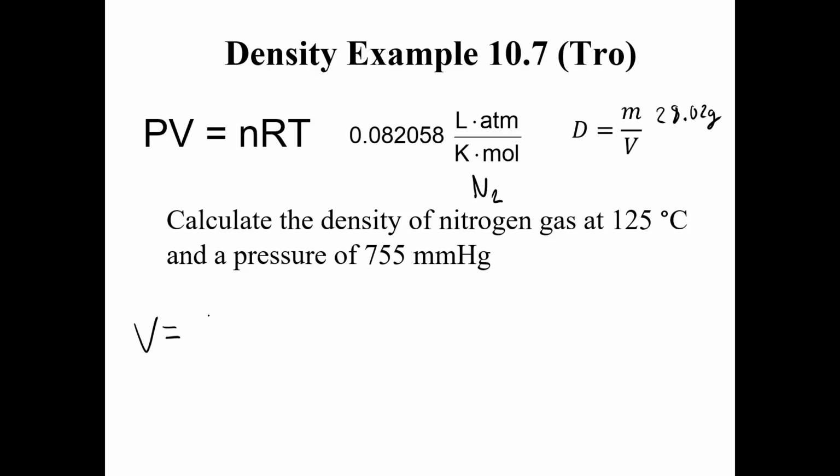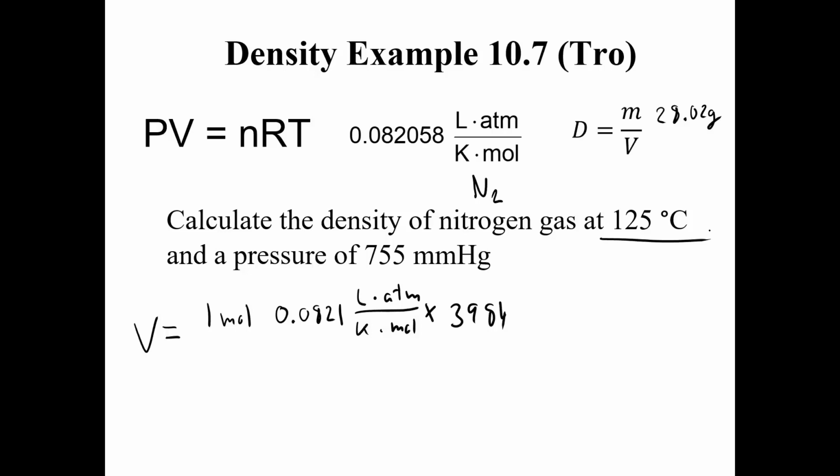The volume is going to be equal to 1 mole times the ideal gas constant 0.08206, I'm going to do 0.0821 to save myself a little bit of space here, liters times atmospheres per K per mole times 398 K. See, I had to convert 125, add that to 273 to get 398 K.